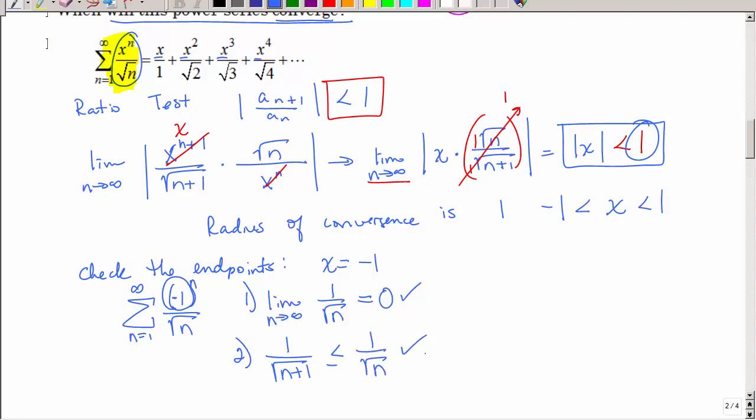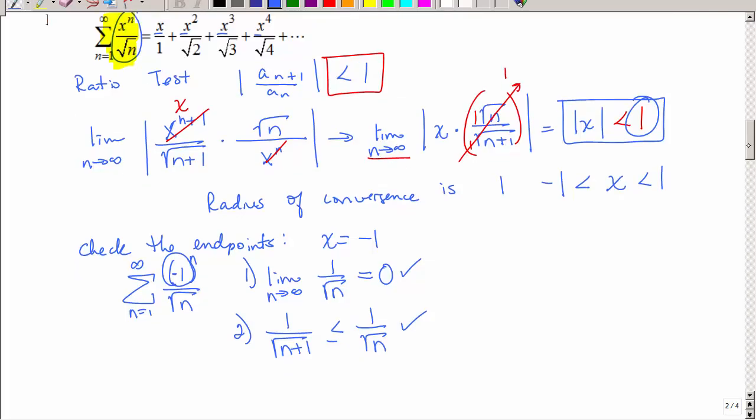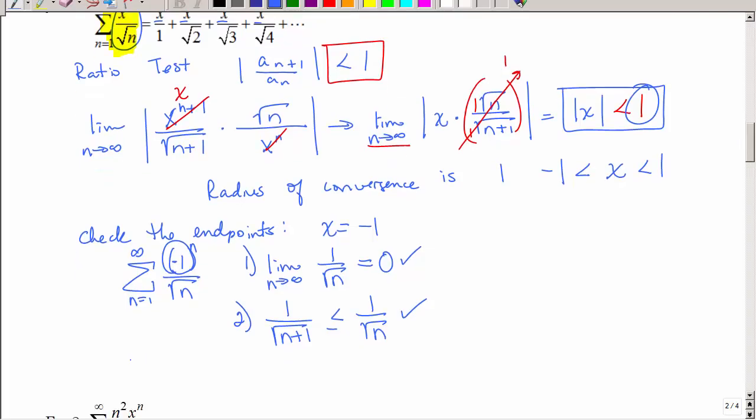Yes, that is true as well, because we have a bigger denominator, so we have a smaller term. So we would say yes, this converges by the alternating series test. So when x is equal to -1, this series converges, and so that's why I need to include -1.